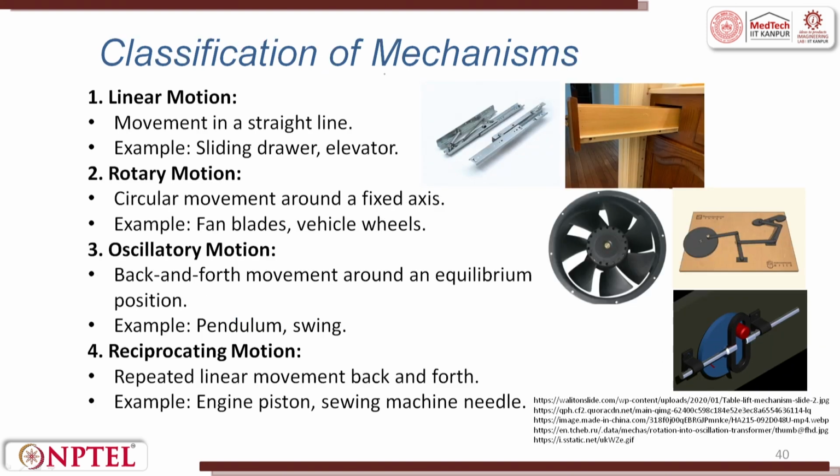Some of the classifications of mechanisms: linear motion, rotary motion, oscillatory motion, reciprocatory motion. Linear motion is seen in a lock, a sliding drawer, an elevator. Rotary motion is rotation about a fixed axis, something like a fan or a vehicle wheel.